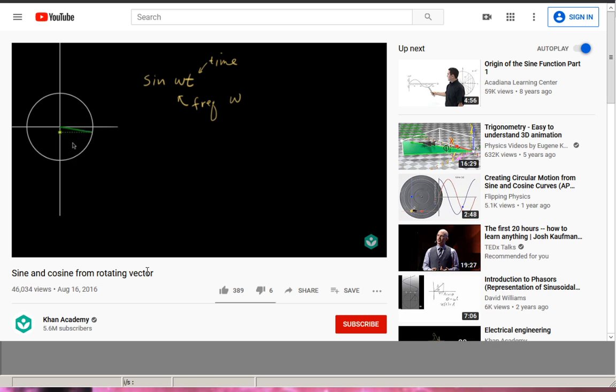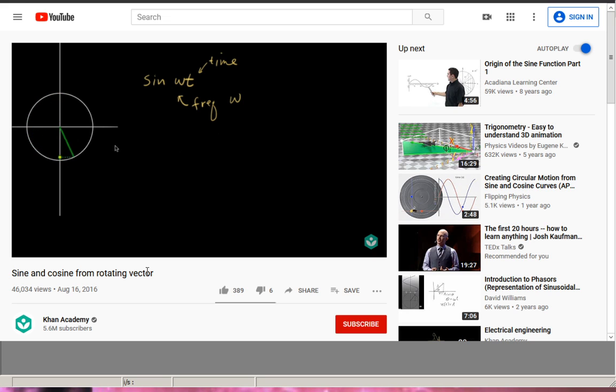And the dotted line here, that yellow dot going up and down, that's the projection of the tip of the green arrow onto the y-axis. And as the vector goes round and around, you can see that the projection on the y-axis is bobbing up and down, and that's actually going up and down in a sine wave pattern.